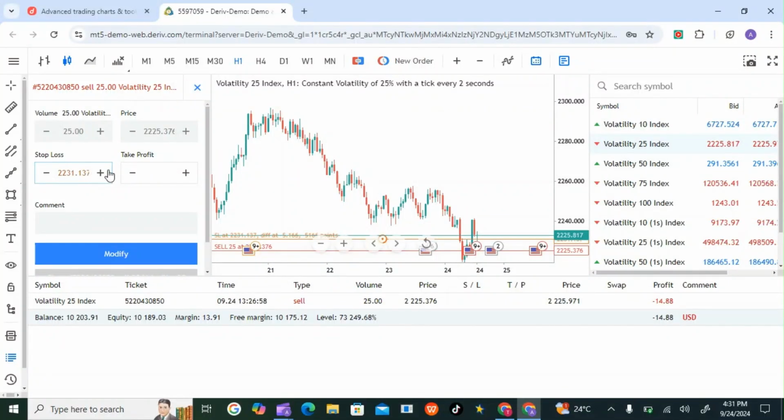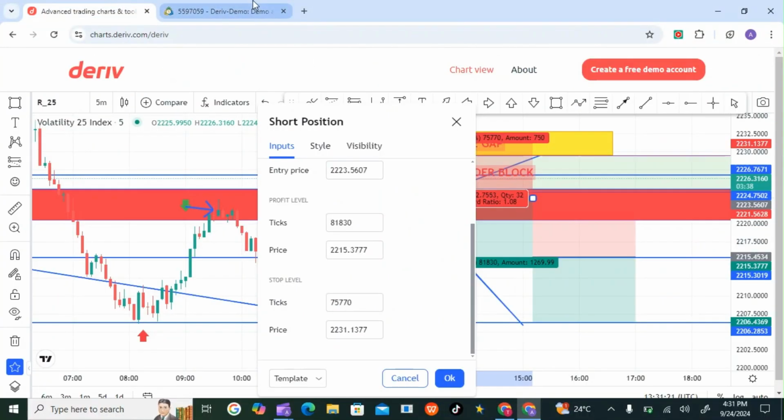And then what's the take profit of the first one? Our take profit number one is at 22.15.